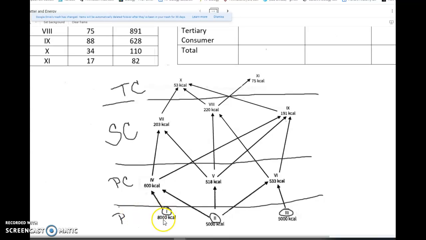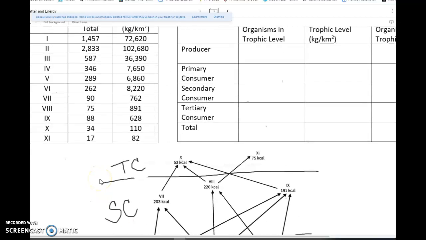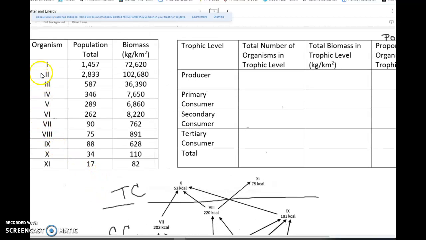So we can see that we have number 1, Roman numeral 2, and Roman numeral 3 populations here are producers. So if we roll down here and we look at organisms 1, 2, and 3, the total number of their population would be the addition of those three numbers.